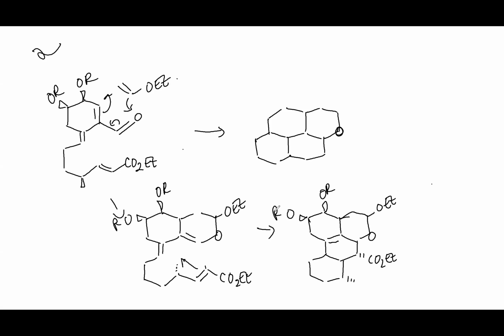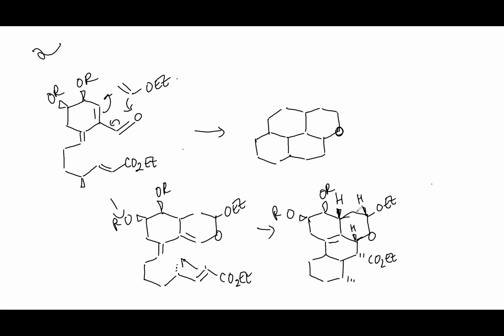Now, it just so happened that the way this worked was that we could get 2 different diastereomers here. In one, we would have an H up, and if this H was up, this H would be up as well, and this H would be up.